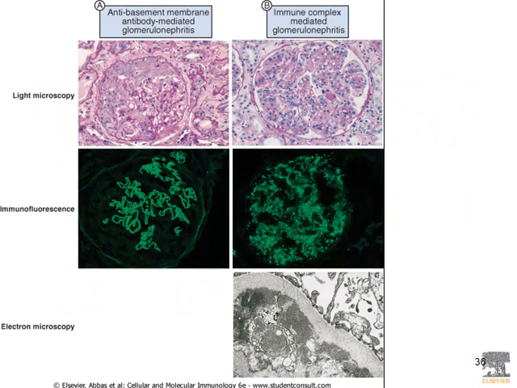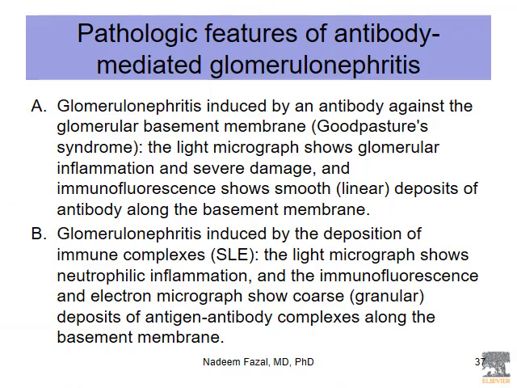Typical tests that we normally do for antibody-mediated glomerulonephritis or any other thing. We take a tissue section, we stain it with antibody color, and that's what you see in a typical fluorescence.